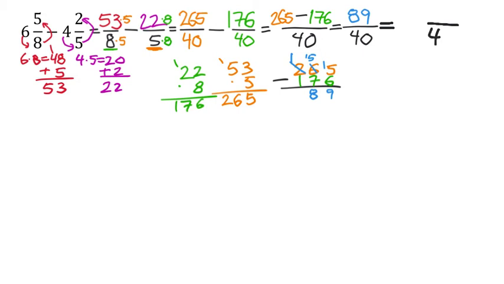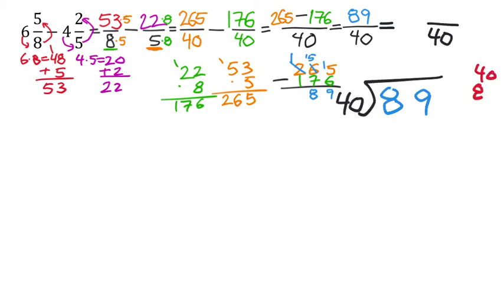Of course, as of right now, I'm going to keep the denominator the same at 40. But I've got to do some long division in order to find the missing parts of our mixed number there. So I got 40 divided into 89. 40 will not go into 8, but it will go into 89. Let's see, 40, 80, 120. That should be enough.